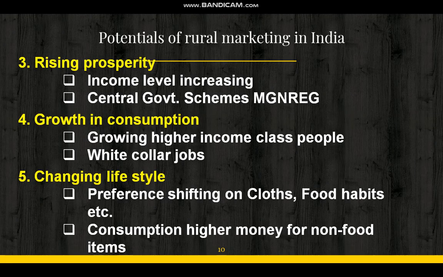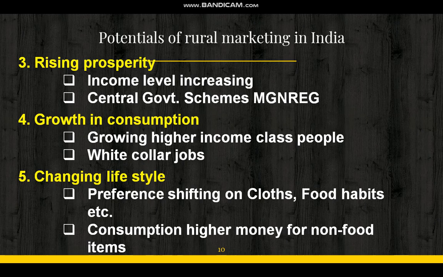And another potential of the rural market in India is rising prosperity. The income of the rural market people is increasing. Large retail players like Reliance, Spencer, Subiksha are procuring farm commodities in bulk directly from the farmers and give them better money for their products.